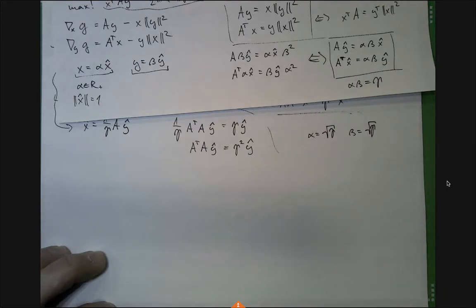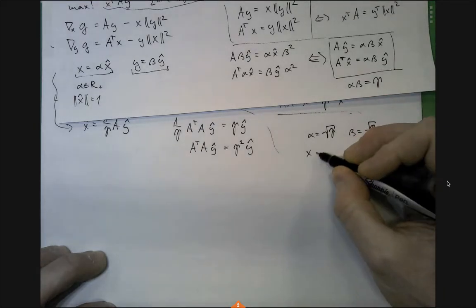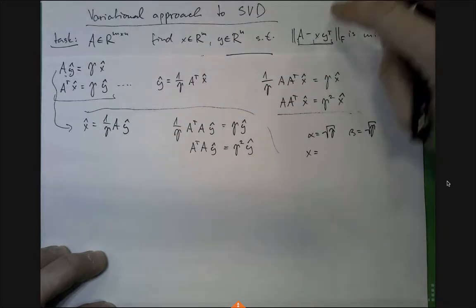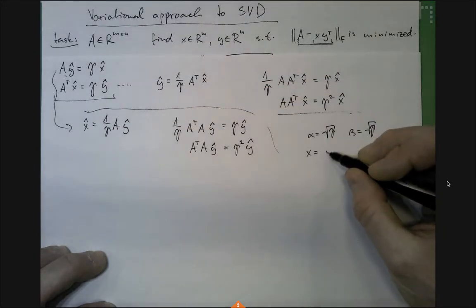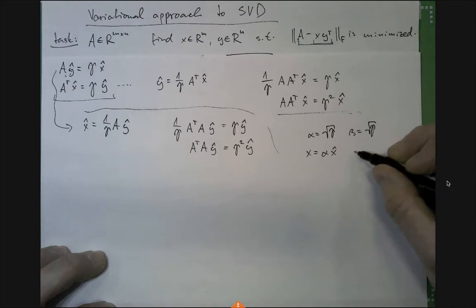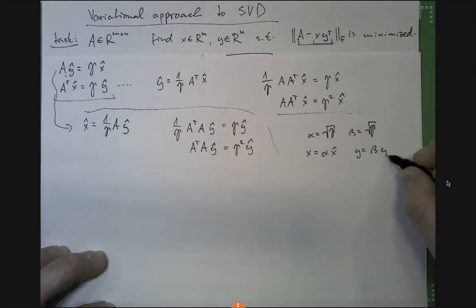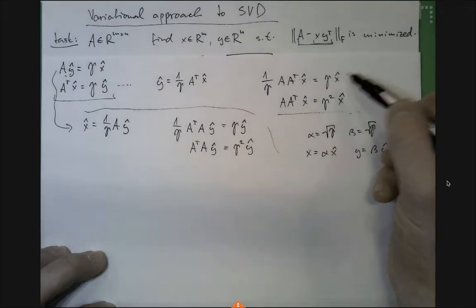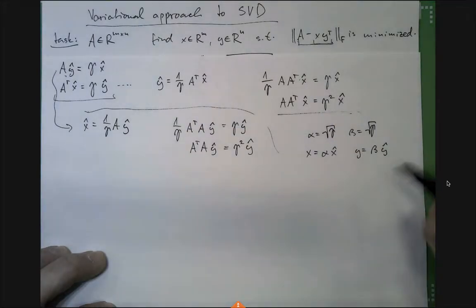Then my critical point for the original optimization problem, retrieving from the substitution, remember that was alpha x hat, and the critical point y was beta y hat. The x hats and y hats are exactly what I computed this way.